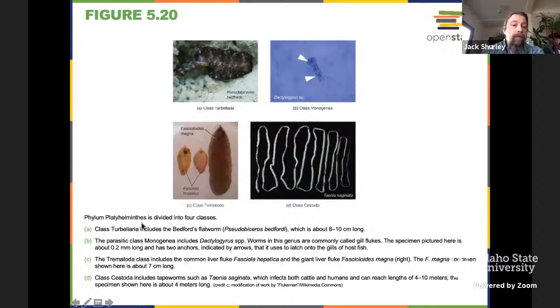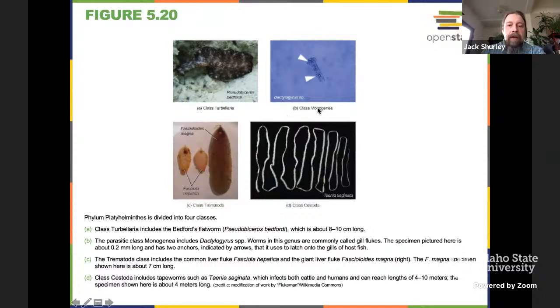These are the flatworms, so platyhelminthes, and we can divide them into some different classes. The turbellarians up here at the top are free living. We don't think of them as being parasitic. They're kind of oddballs. There's some variation within them, and we're not going to go into great detail with that.